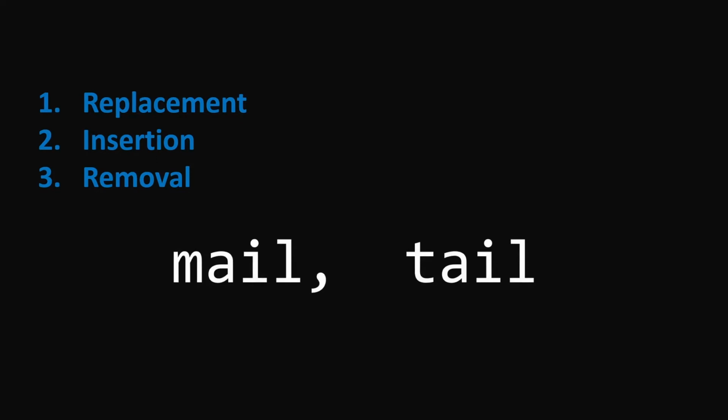Our code would iterate through each letter in these words, and we would say, okay, male and tail do not equal each other. We'd have to replace one of those to equal the other. We don't care what the letter is. We just know that they're not equal to each other, and we're going to keep a counter of how many we had to replace, or some method of making sure that if it's more than one edit, we return false.